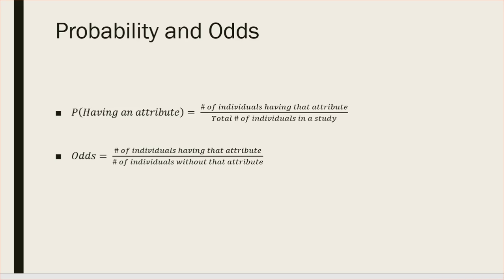And odds is measured differently from probability. Odds is the ratio between individuals having that attribute divided by individuals without that attribute. Notice the difference in the denominator.